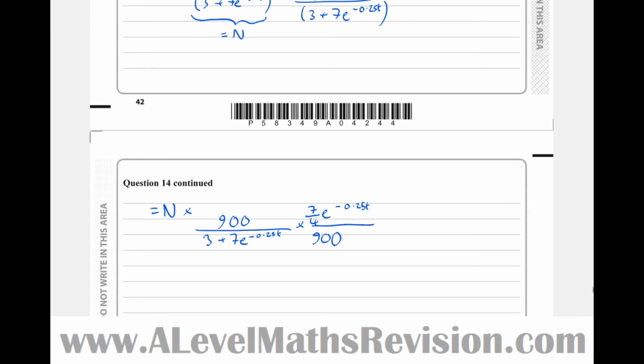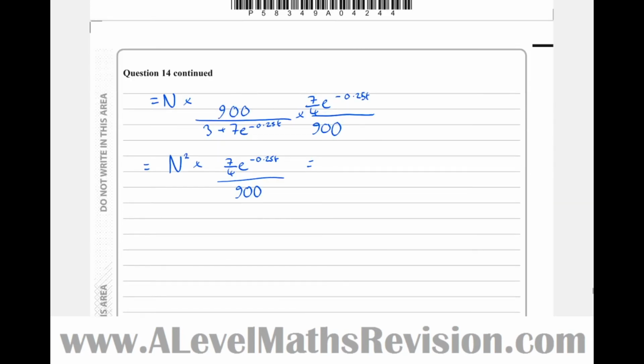Well, notice again that this here is just n. So equals n times n, which is n squared, times 7 over 4 e to the minus 0.25t over 900. So the final piece of this comes from looking at what n was. So n was 900 over 3 plus 7e to the minus 0.25t. If we rearrange this, the bit we want rid of is e to the minus 0.25t.